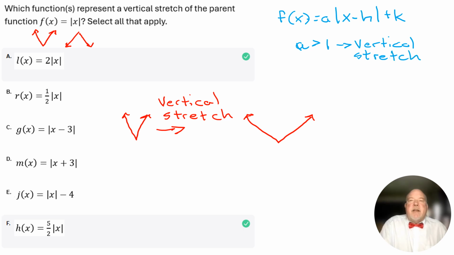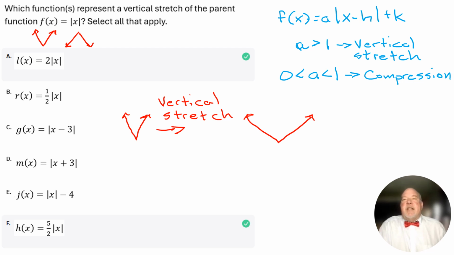But I'll go ahead and tell you that if a is between 0 and 1, then what that does is it causes a compression, which would be the opposite of a stretch. So instead of the lines getting further apart in the V, they get closer together.